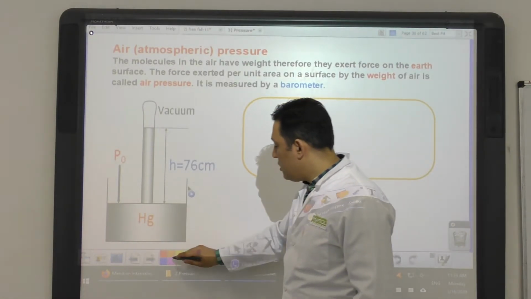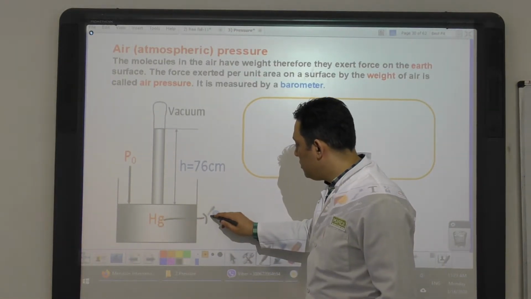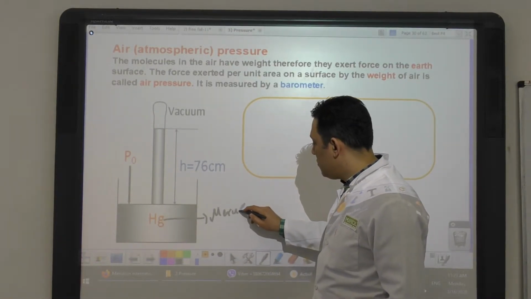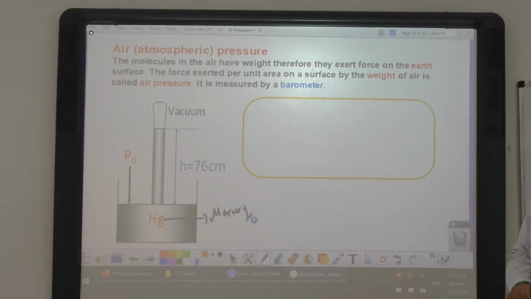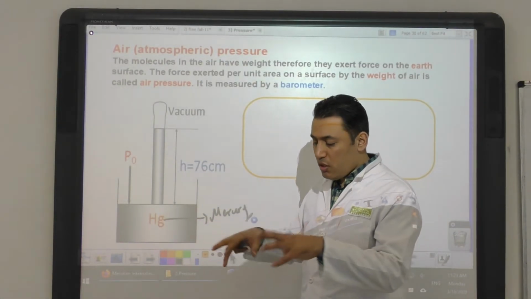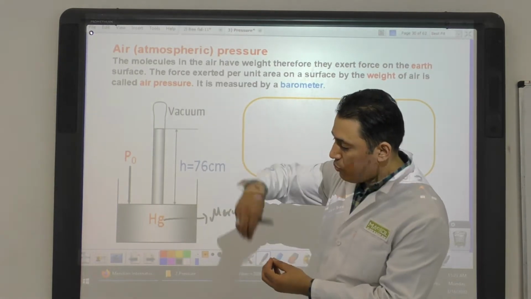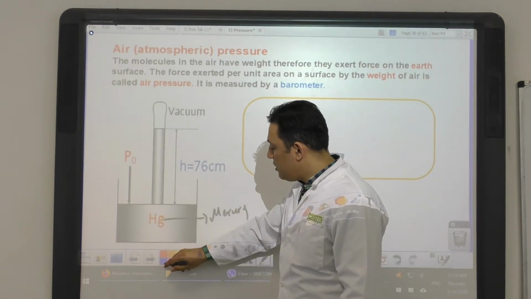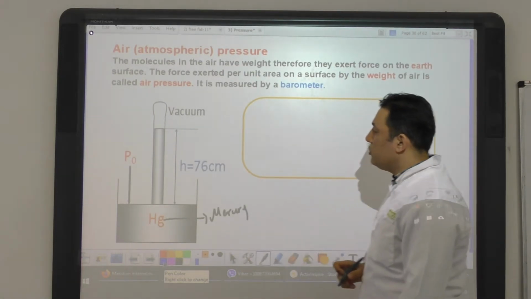Hg is mercury. We will be using mercury to calculate the gas pressure. When I pour some liquid into a container and take a graduated cylinder and put it upside down, the mercury will rise into the tube.